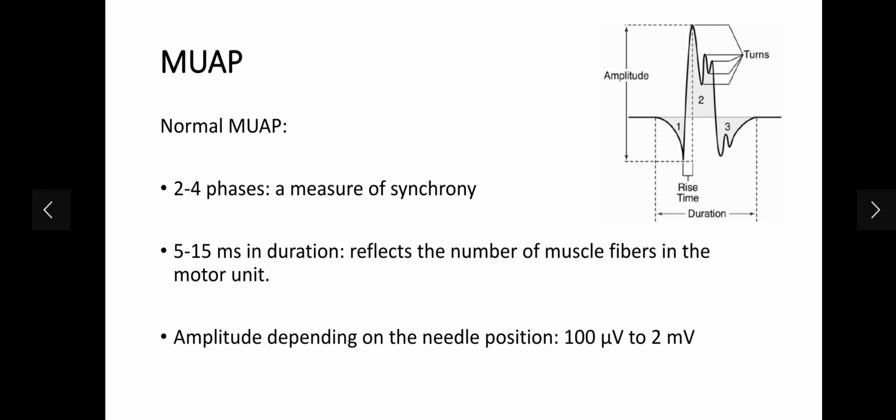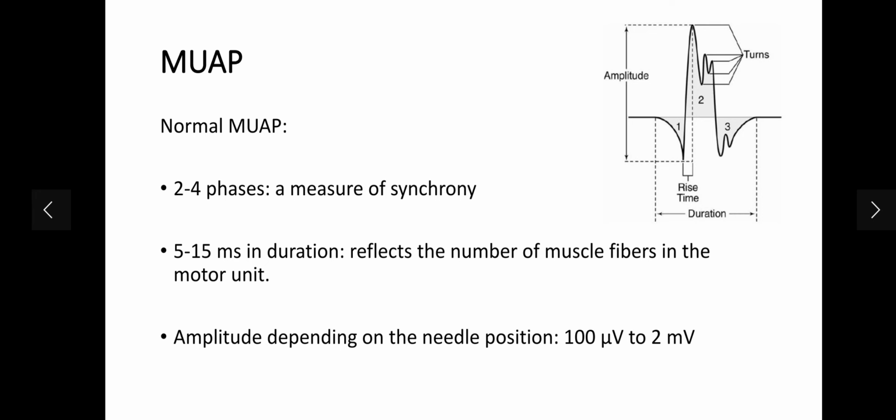The other type is the motor unit action potential. Because it's recording from the whole of the motor unit, which contains many muscle fibers, it's expected to be larger in amplitude and longer in duration with more phases. A normal motor unit action potential will have 2 to 4 phases. The number of phases is a measure of synchrony between action potentials from different muscle fibers.